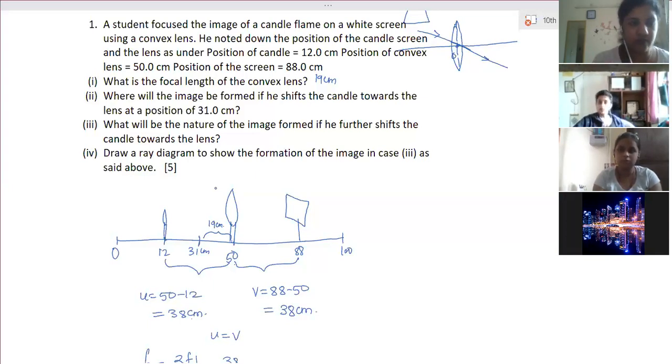Yeah, one more question you have to solve. I don't remember whether you have solved that question or not.